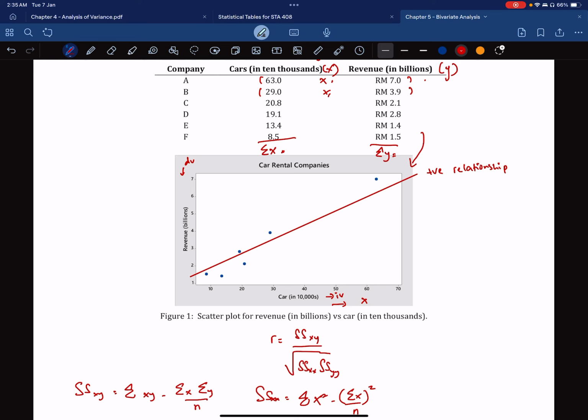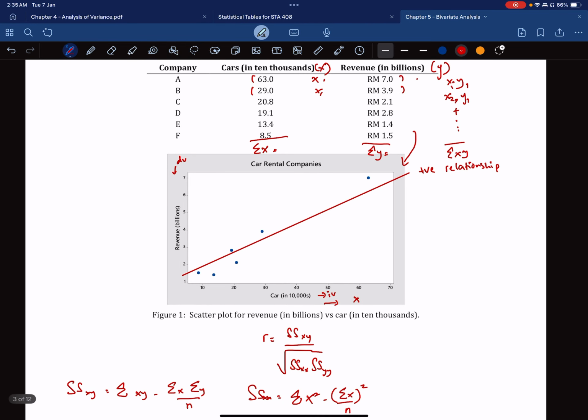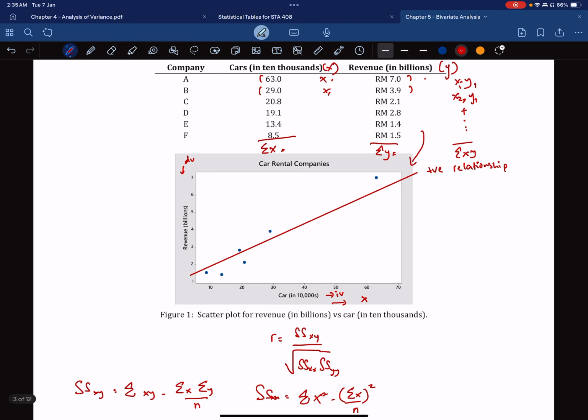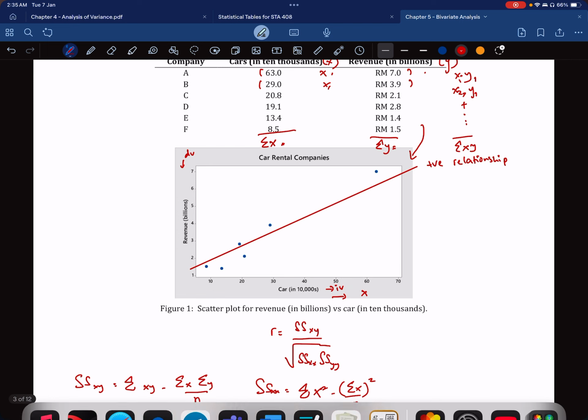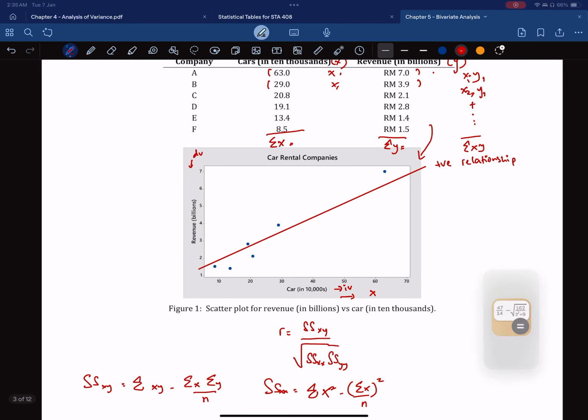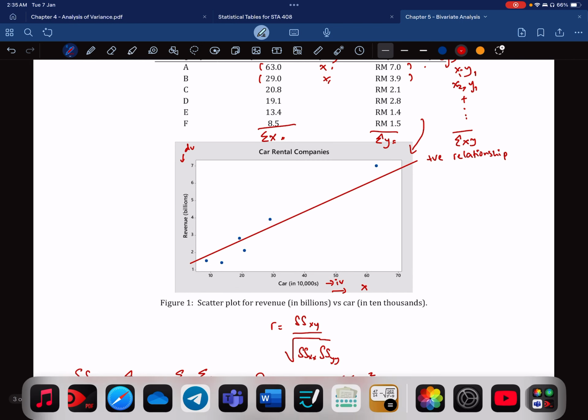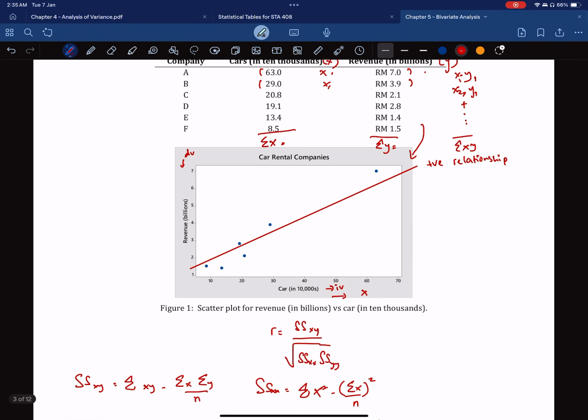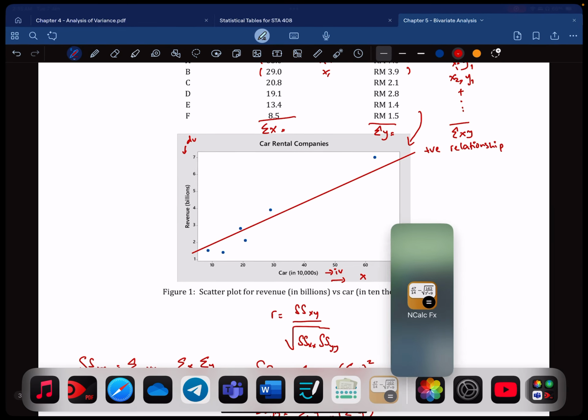If you multiply x and y for each pair and then add, you get the summation of xy. That is if you want to do manual calculation, but you can always use your scientific calculator to get these values.